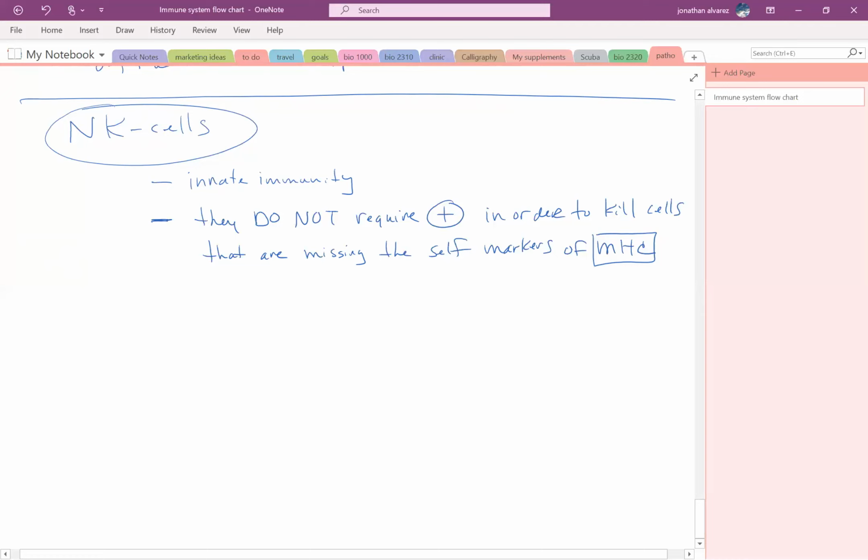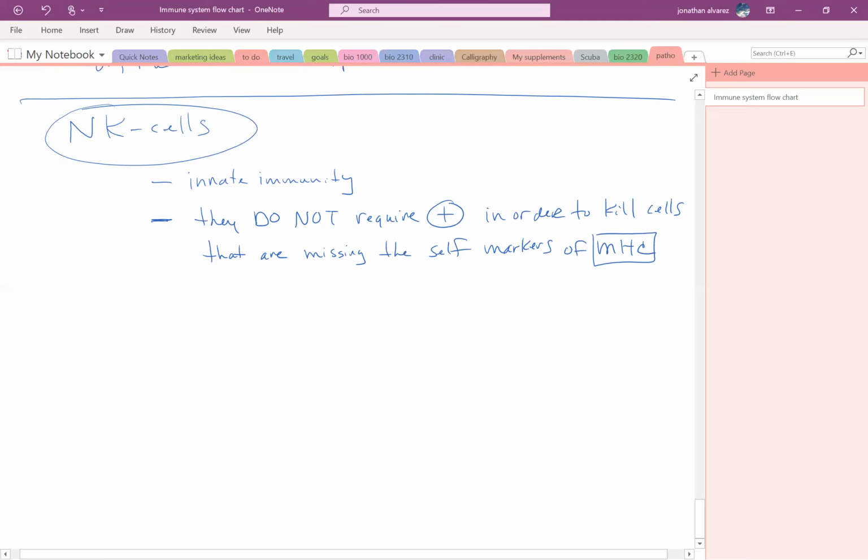Okay, your body knows self from non-self. All right, here's an example. If I take your own blood out of you and then put it back into you, you're going to be fine. No rejection.